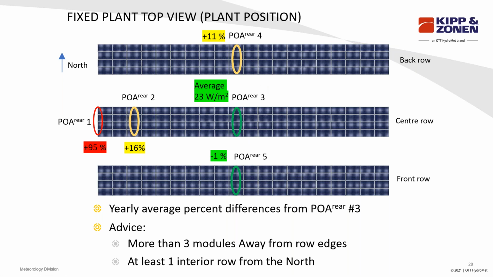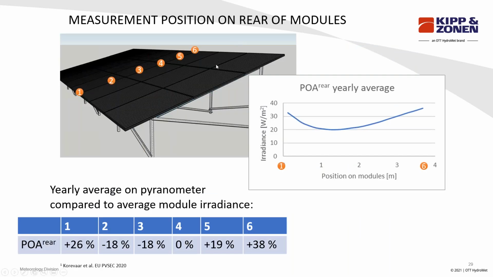We also looked at the effect we see when placing the pyranometer at different positions on the rear of the modules. And we have 6 different measurement locations. When we look at the yearly average, we see the simulation results here. Then we see that, again, as in the measurements on the roof, we have a maximum when we measure closest to the ground, as well as when we measure at the top of the module, and we have a minimum in between.